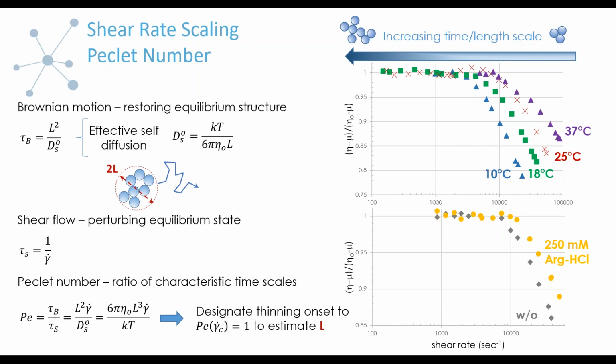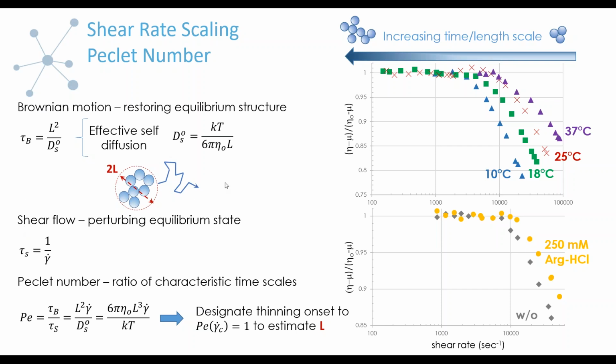So we're going to define an effective self-diffusion constant, where what we've done is just replaced the viscosity of the buffer with the low shear plateau viscosity. And this is a common, almost effective medium type approximation to account for this hindrance in motion due to the neighboring objects. So this is how we're going to define our Brownian motion timescale.